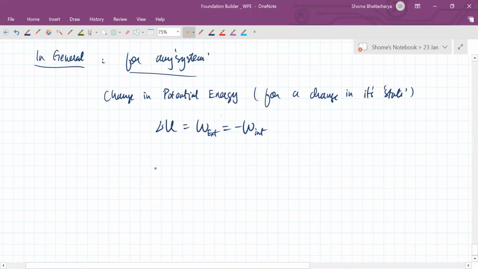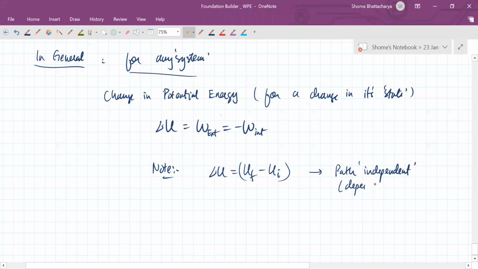Now one important thing is that delta U, which is final potential energy minus initial potential energy, is a path independent quantity. It is path independent because it depends only on the state, not on the path. Therefore, on the right hand side, the work done by the internal force should also be a state function, or path independent.